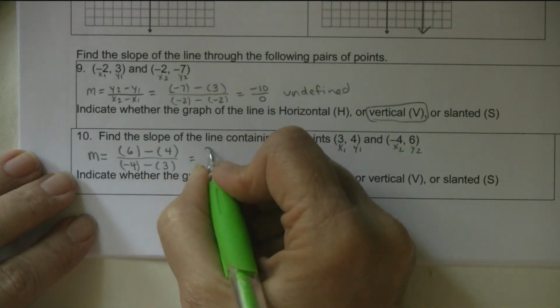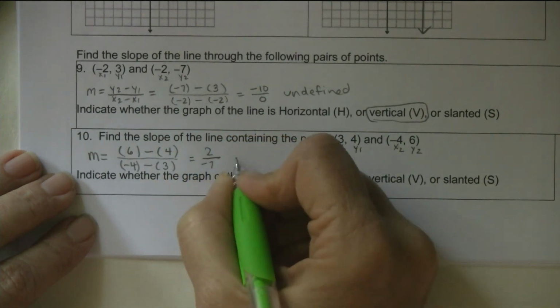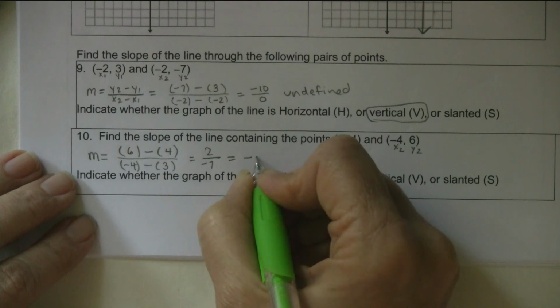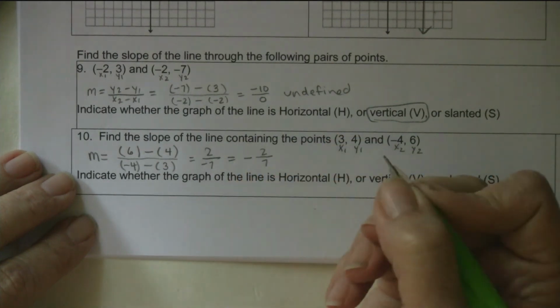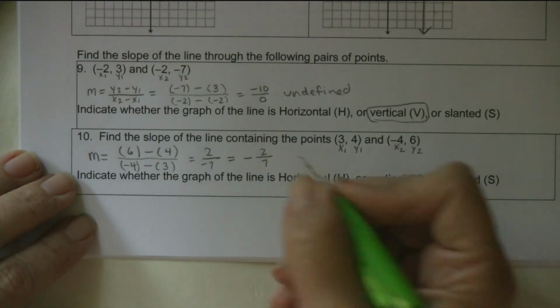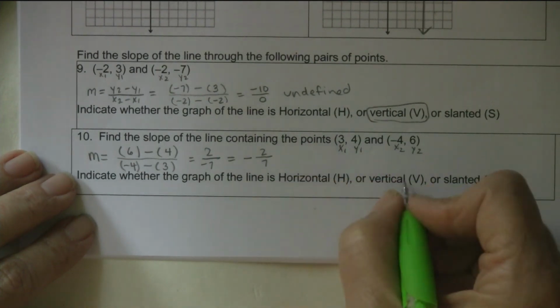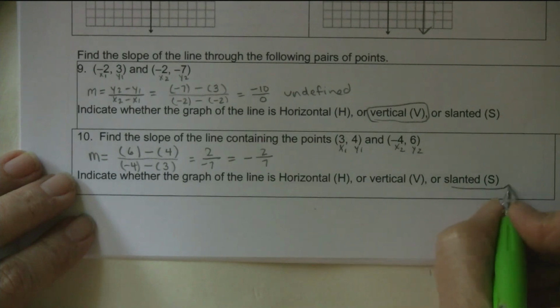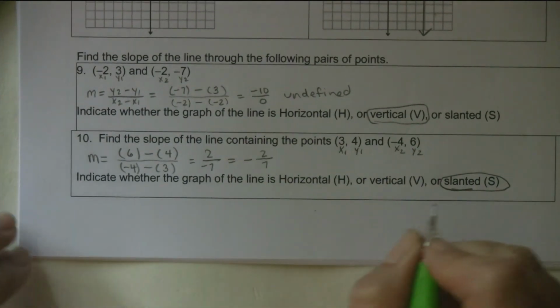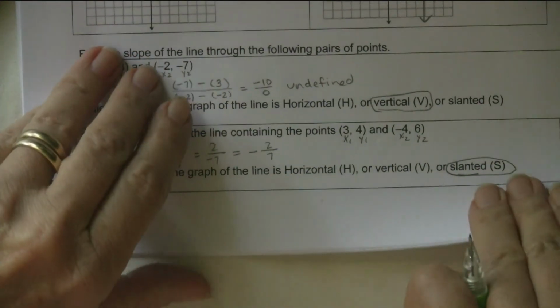So the numerator is 2 and the denominator is -7, and your book would write that as -2/7. So that's not 0, so it's not horizontal. That's not undefined, so it's not vertical. So that means it's slanted. So that's all that's left. So we did great on that.